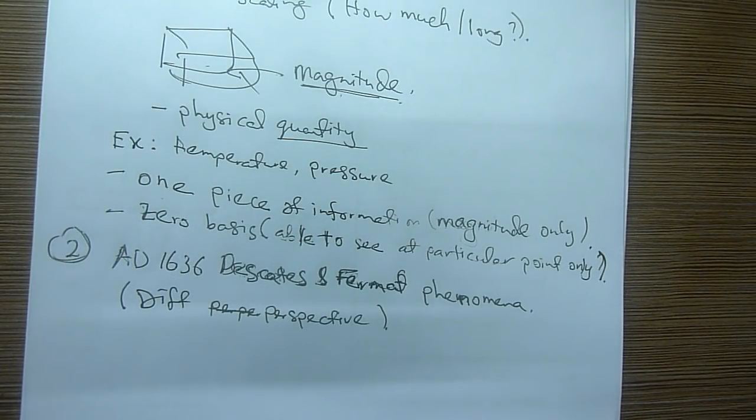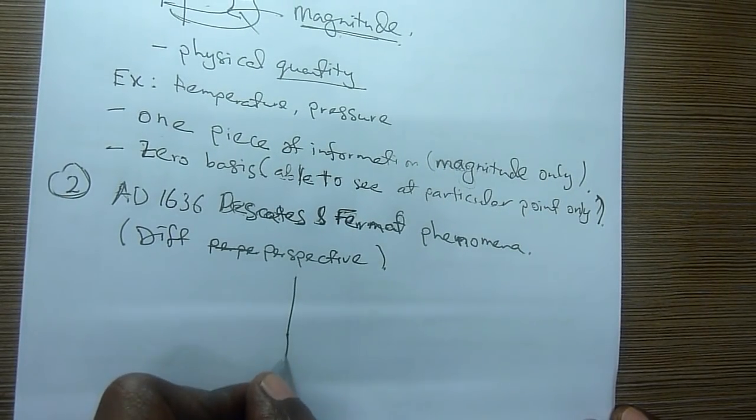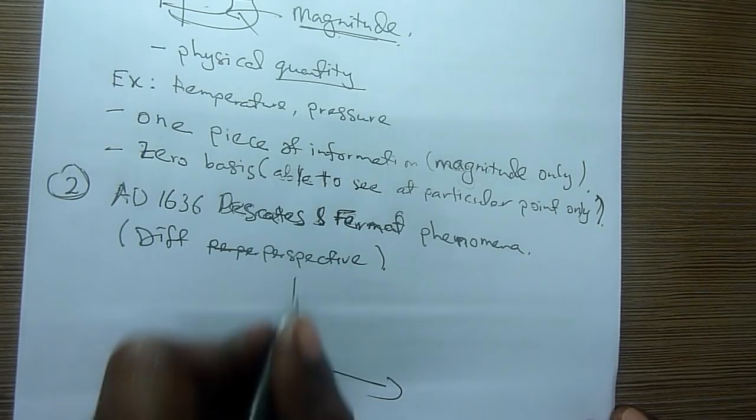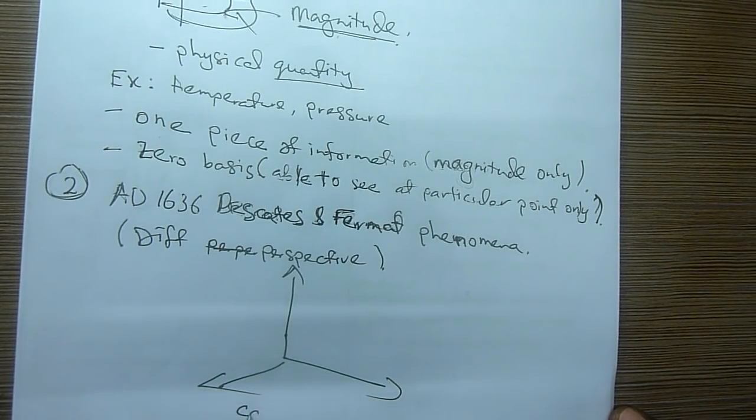This we call the coordinate system, which is the Cartesian coordinate system.